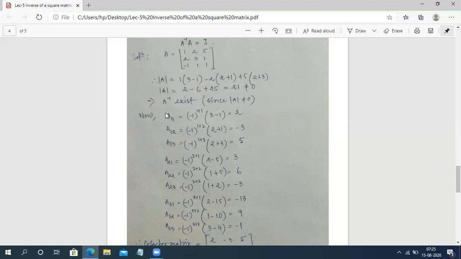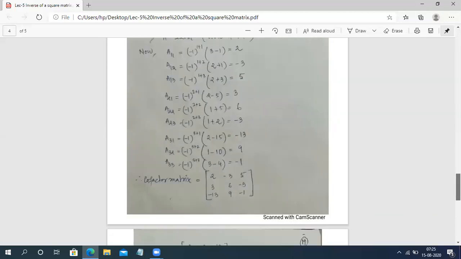Now find the cofactor of 1, that is A11, the cofactor of 2, that is A12, the cofactor of 5, that is A13. Second, the cofactor of 2, that is A21, and in the same way we can find A22, A23, A31, A32, A33.